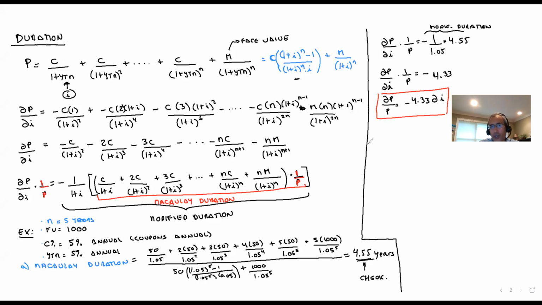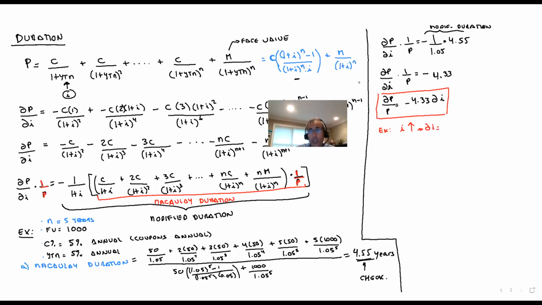Remember that? So let's do one example. Imagine that my interest rate increases by one percent. This implies that change on I equals 0.01, a very small change. So what do we expect is going to happen with my price? This is going to be minus 4.33 that multiplies 0.01.